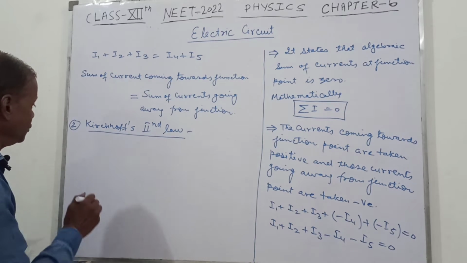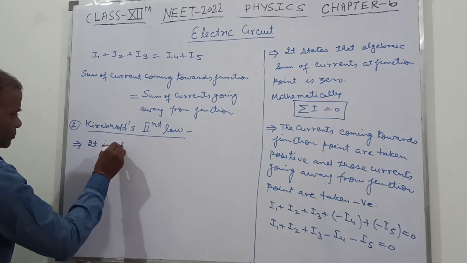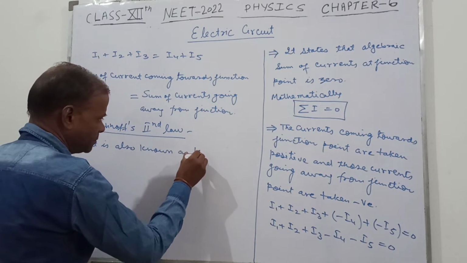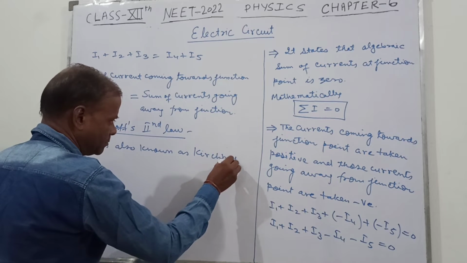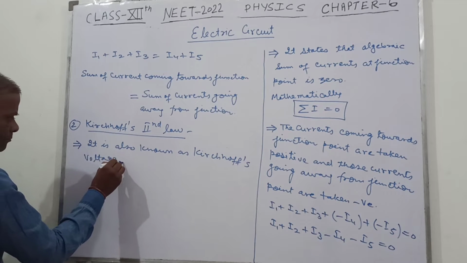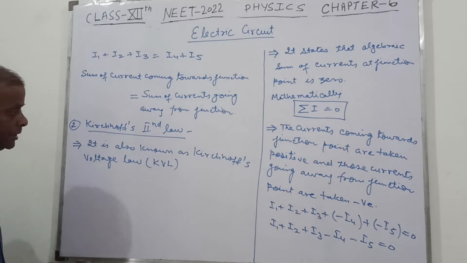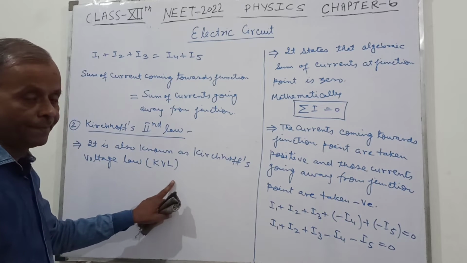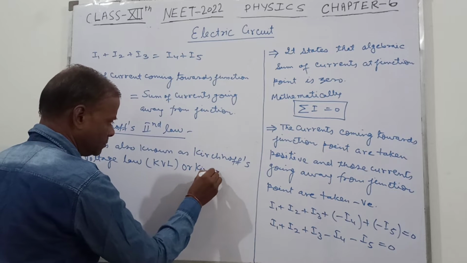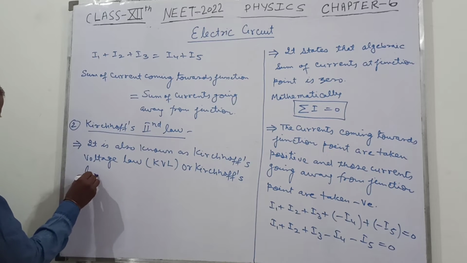This second law is also known as Kirchhoff's voltage law, shortly KVL, Kirchhoff's voltage law, or Kirchhoff's loop law.